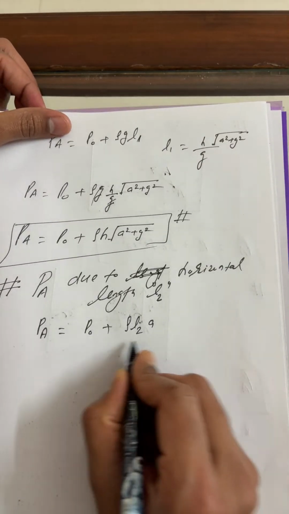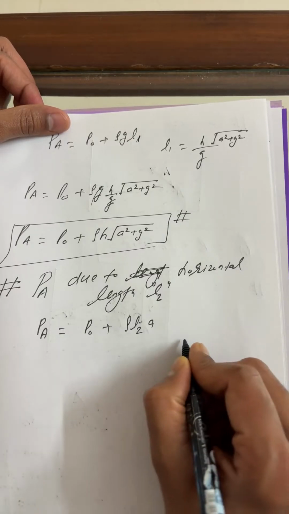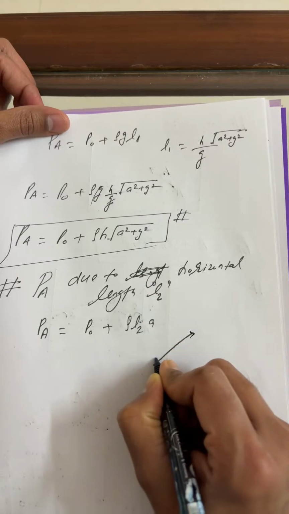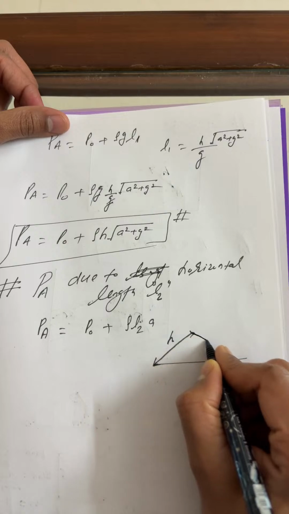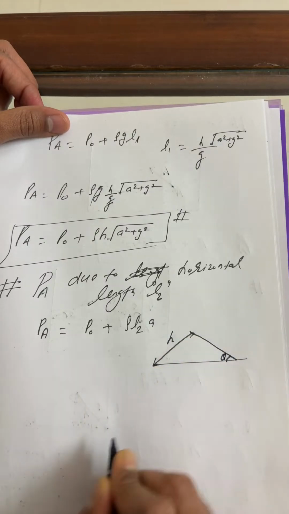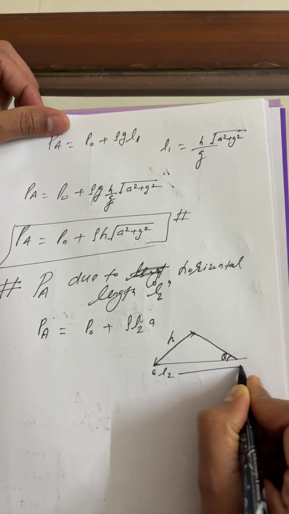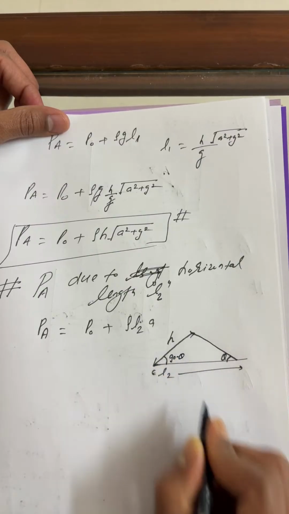Again, I want to find L2. I hope all of you remember this: this is H, and this is the free surface, which makes angle theta. This is L2, and this angle is 90 minus theta.